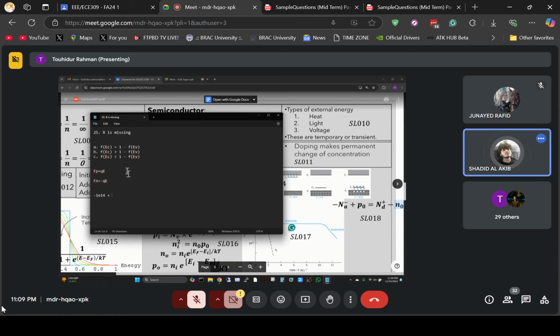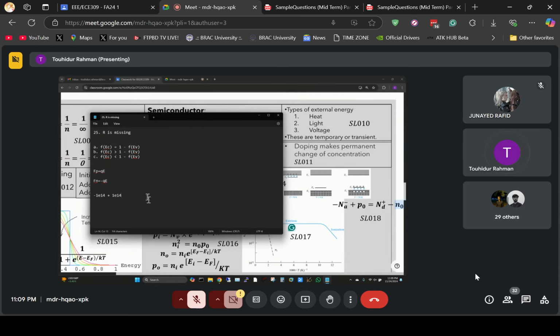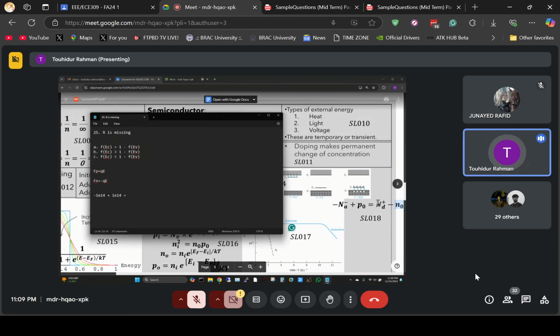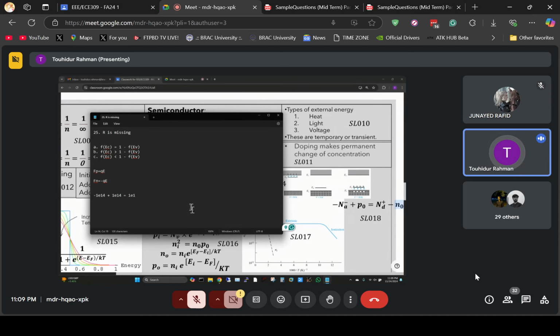Okay, that's wrong. Where do we get the holes from? Phosphorus or boron? We get them from boron. So how much boron do we have? It will be the same, 10 to the power 14. Then this will be equal to the number of donor atoms, so it will be 10 to the power 16.